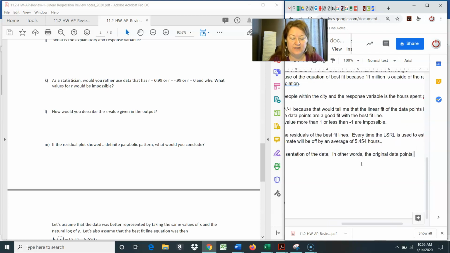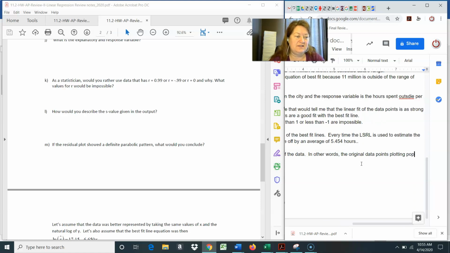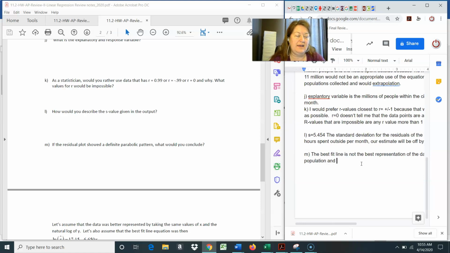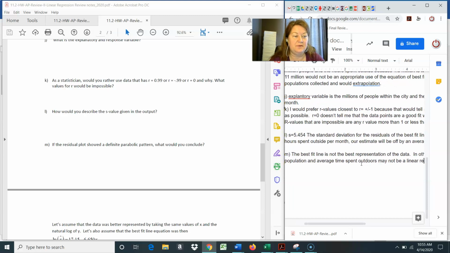So the original data points, plotting city population and average time spent outdoors, may not be a linear relationship.